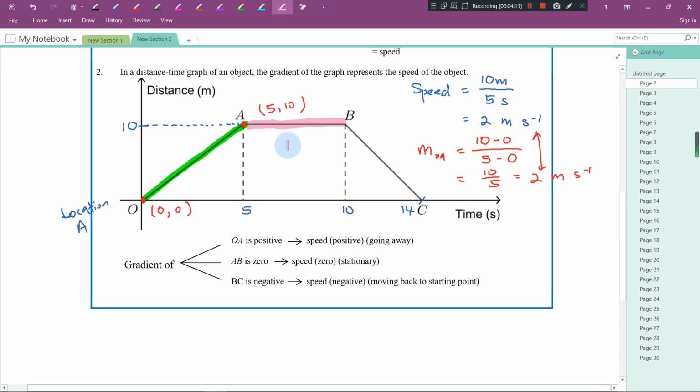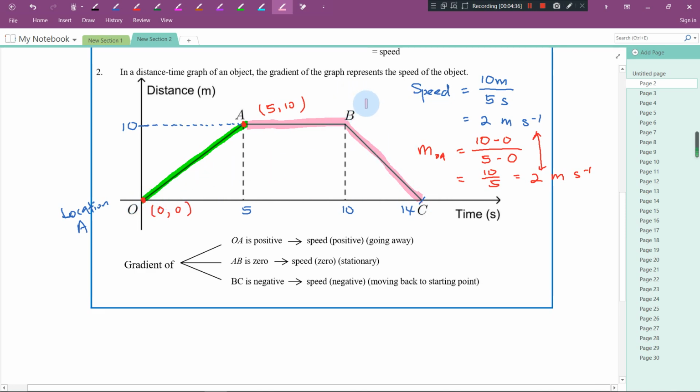It means that the object stops moving within this period. After that, this object moves back, returning to location A, becoming closer and closer to location A until it's back at location A.